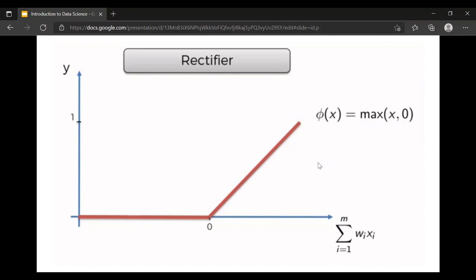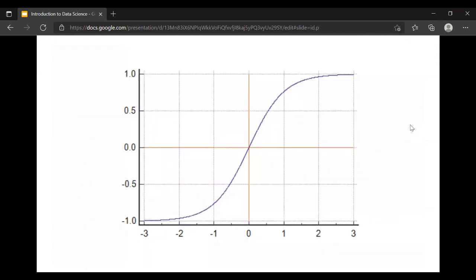And if it is greater than 0, I am not going to do any modification. It's going to be the same as the value. It's given by the function phi = max(x, 0). Whatever the higher value is, either that value or 0, is what we'll return. So this is another activation function.